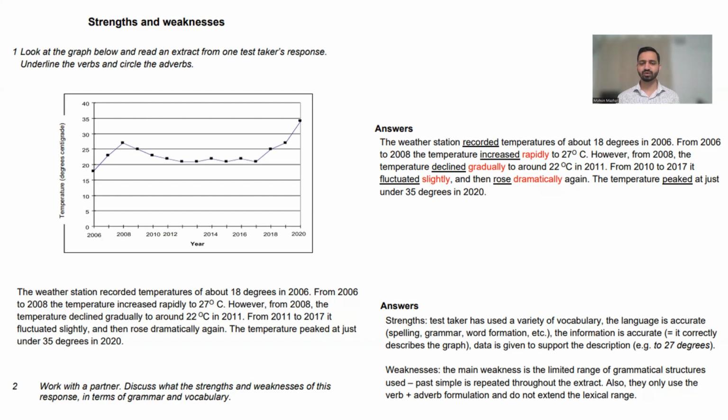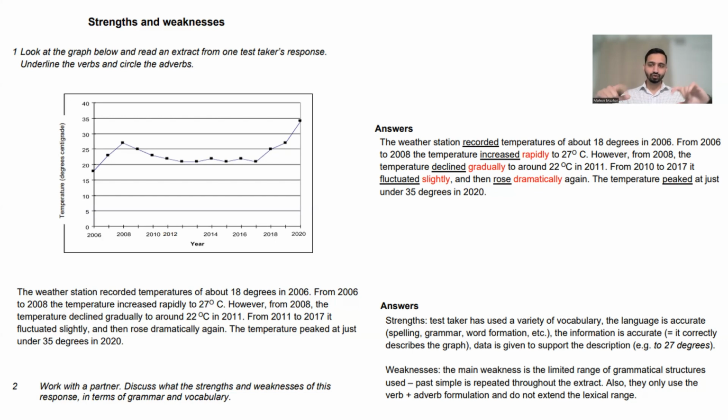In terms of weaknesses, what are the weaknesses of this response? The main weakness is the limited range of grammatical structures, right? It's very, very limited. It's just using past simple, repeated throughout the extract. Also, they only use the verb plus adverb formulation and do not extend the lexical range.